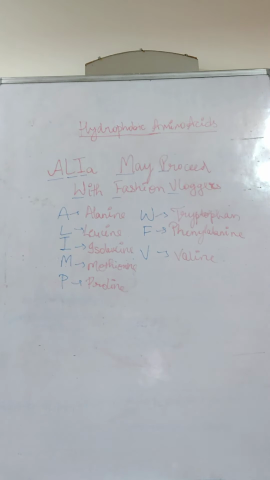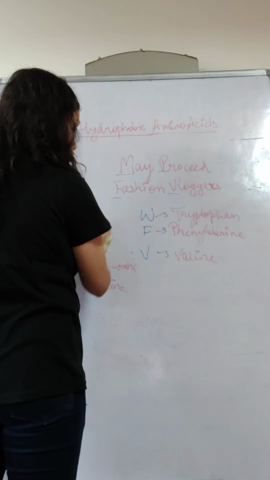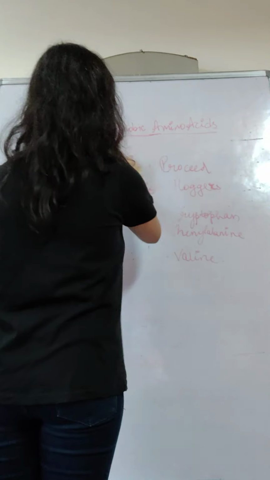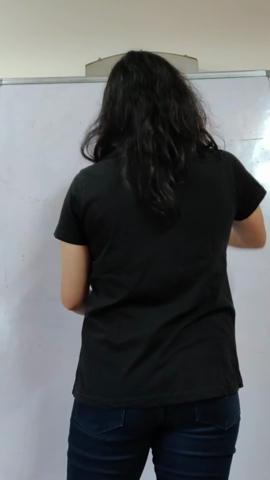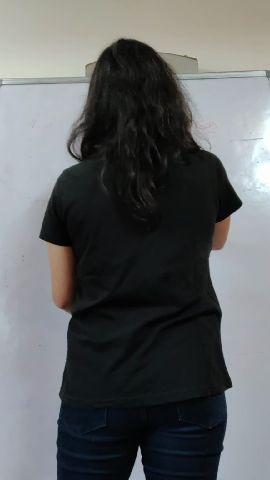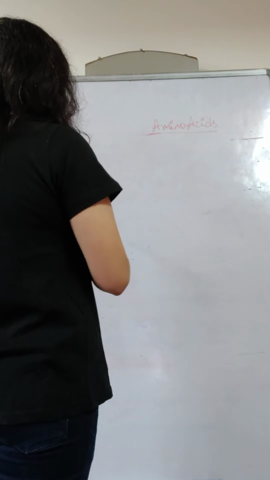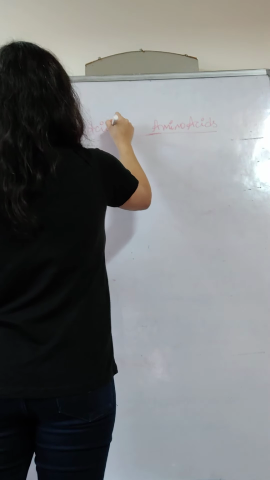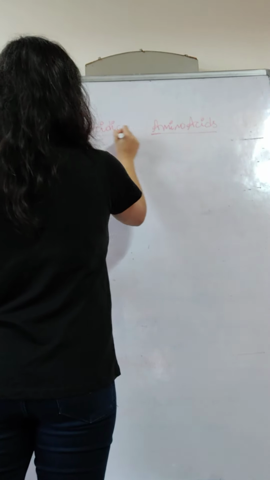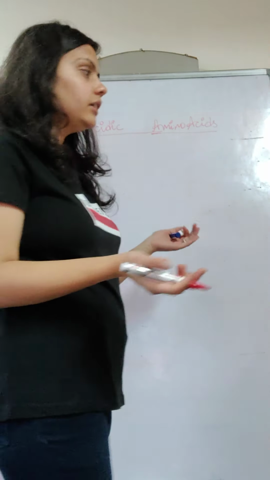So we've done essential, non-essential, semi-essential, polar, non-polar, hydrophilic, hydrophobic amino acids, and now the last classification of amino acids is on the basis of their acidic nature or basic nature. So now we will do the acidic amino acids. The ones that have acid written at their end, correct?